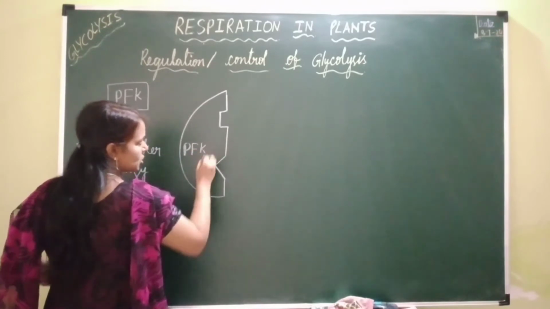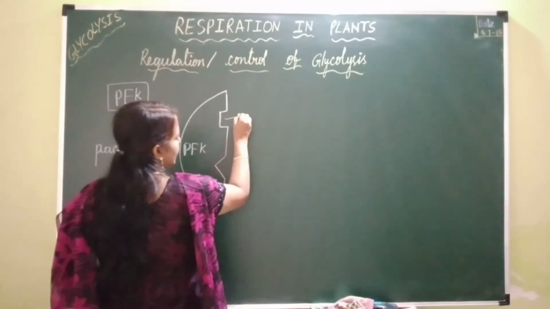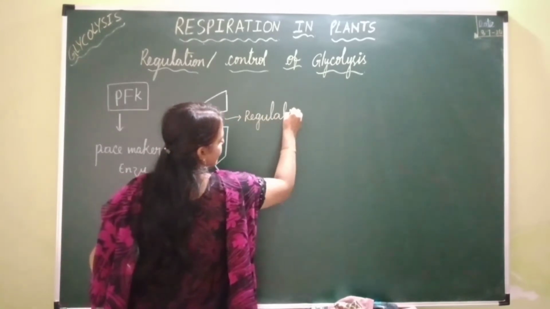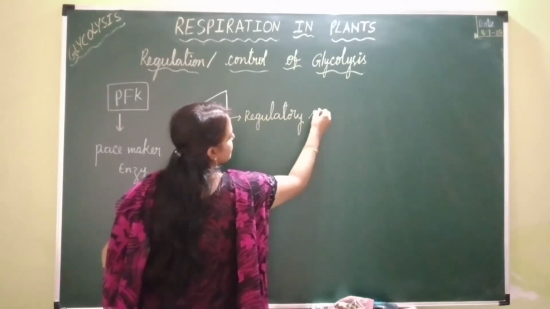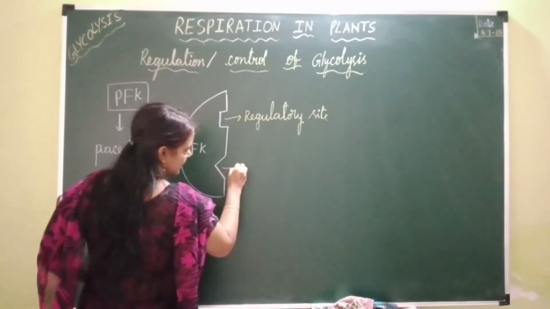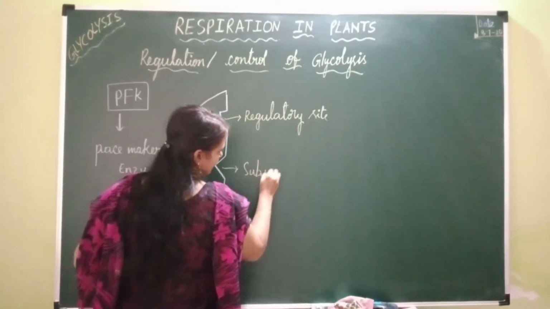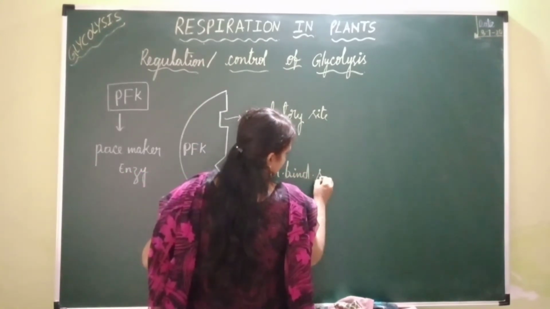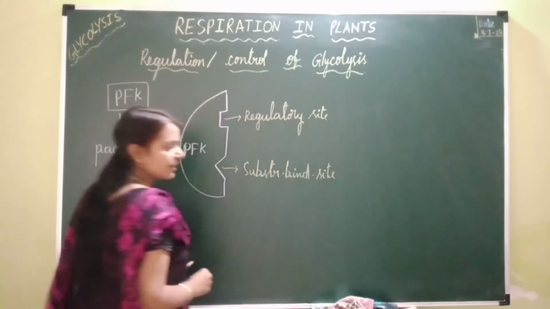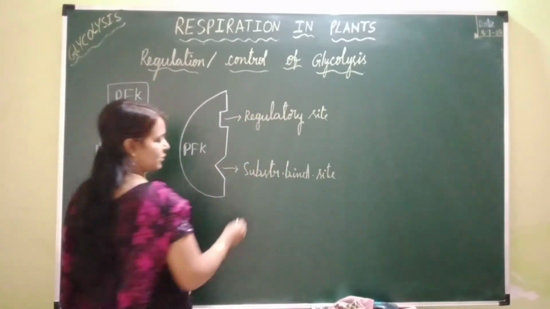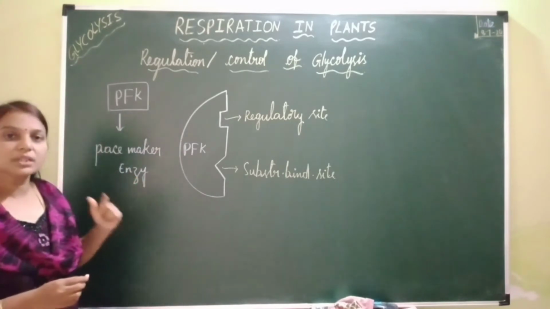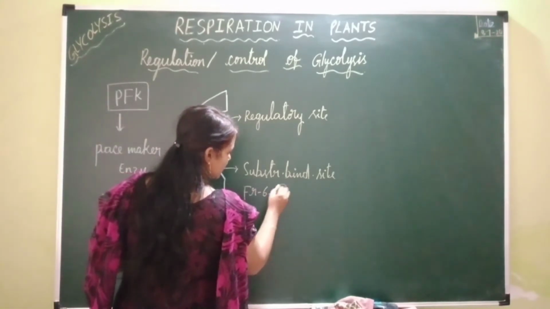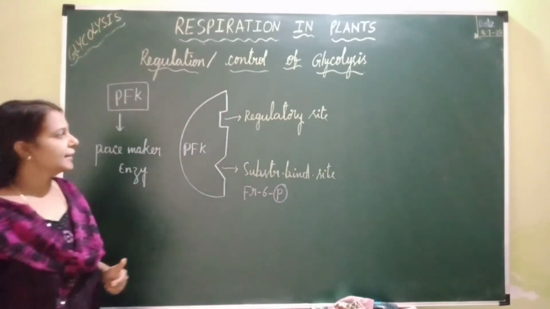At the substrate binding site, the substrate comes and binds. What is the substrate for this enzyme? Fructose 6-phosphate is the substrate for this enzyme. So fructose 6-phosphate comes and binds with the substrate binding site of this enzyme.